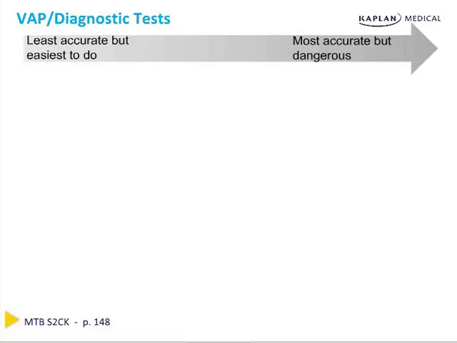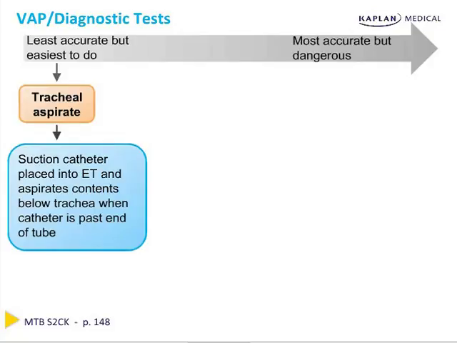Firstly, starting with the least accurate but easiest to do, test might be a tracheal aspirate. You simply put a suction into the endotracheal tube and suck out some contents. Very easy, but very inaccurate. Again, these patients are going to have colonized bacteria in their ET tube. Therefore, it's hard to tell whether what you're getting is actually causing pneumonia.